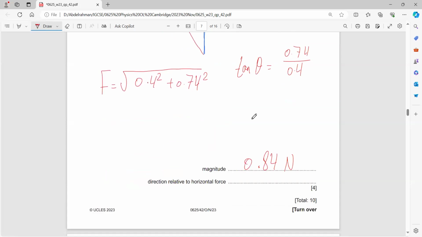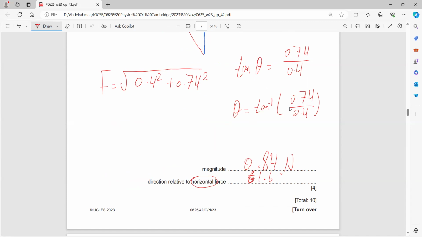To find theta, the angle, it would be tan inverse of 0.74 divided by 0.4, which is 61.6 degrees. That's it.